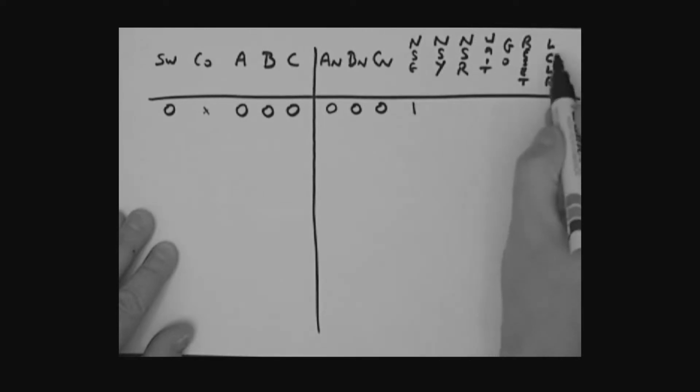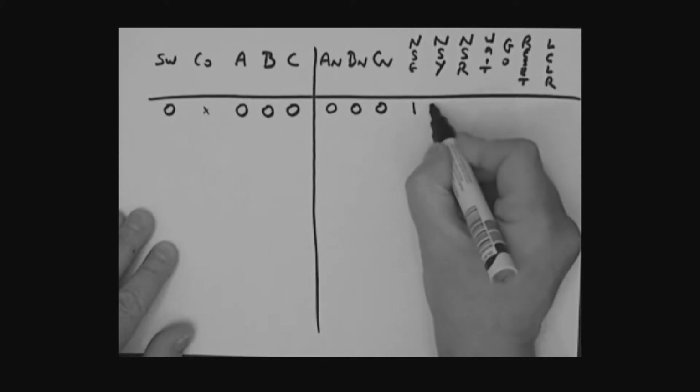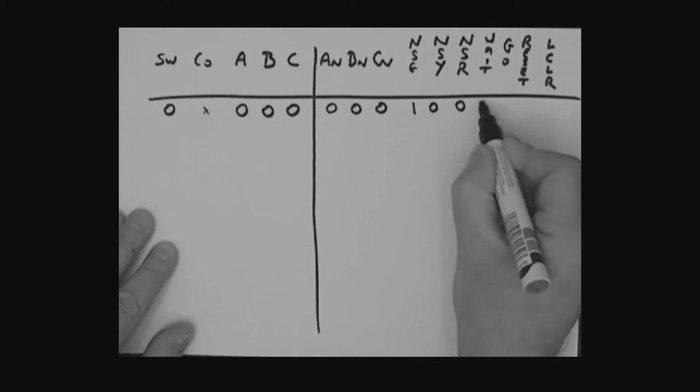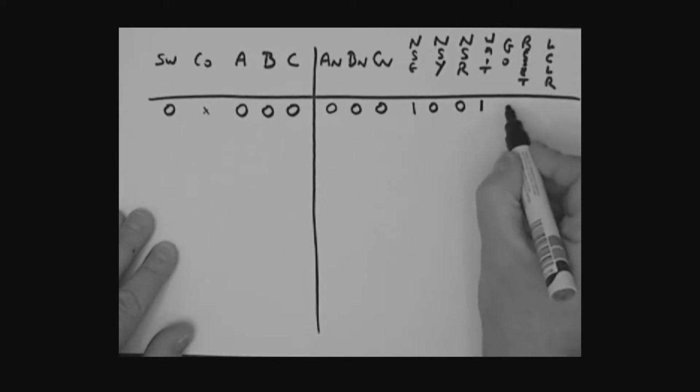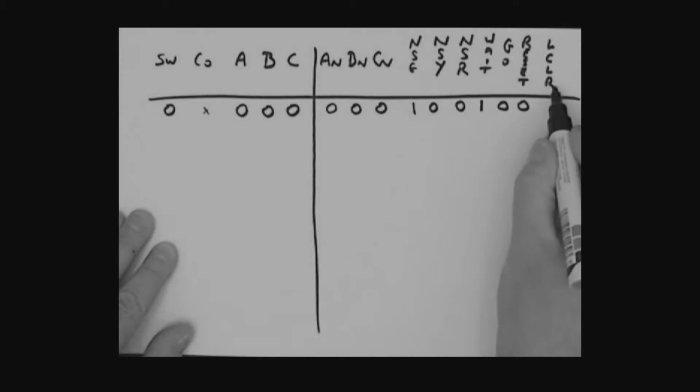All of these are high acting apart from LCLR, which is low acting. Yellow light off. Red light off. I want to keep the people waiting. Go light is what? Off, of course. Am I resetting at this point? Absolutely not. Am I clearing at this point? Since it's a low acting signal, I'm not clearing. I make that a 1 because it's a low acting signal.